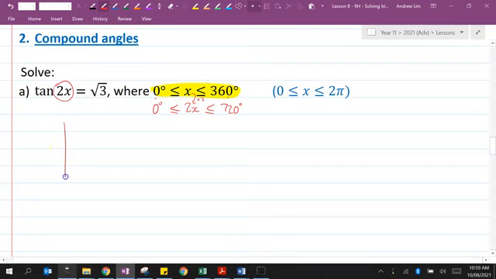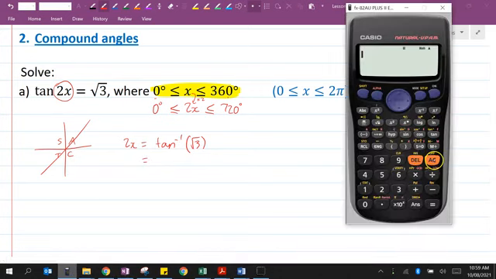So I'm going to draw up my quadrants, all stations to central. Where is tan positive? Because this is positive, here and here. And now we need to find our reference angle. So 2x is equal to the inverse tan of root 3.